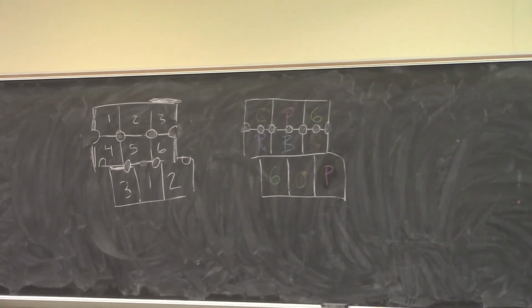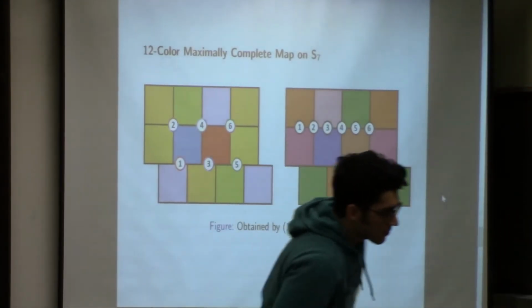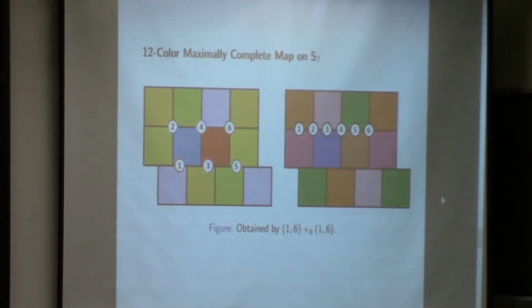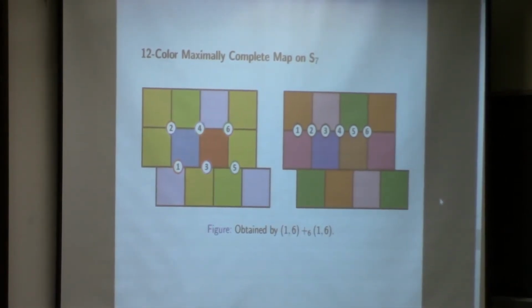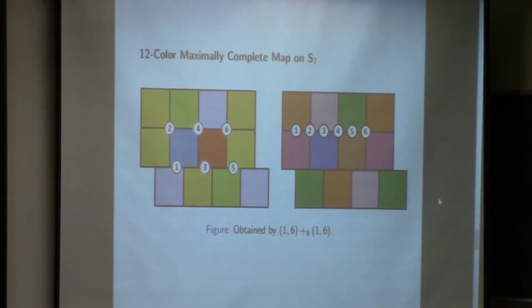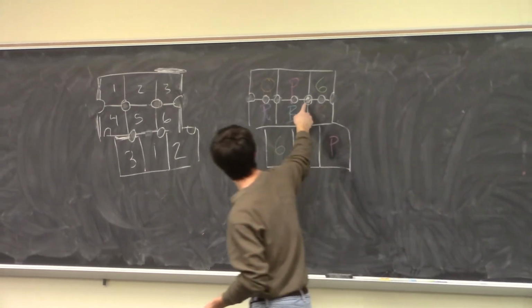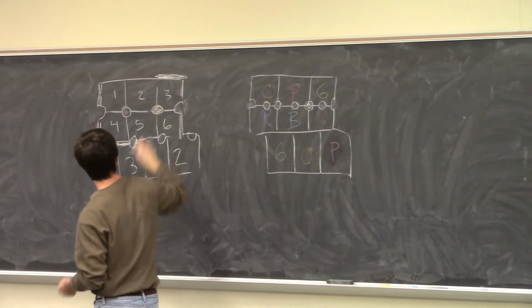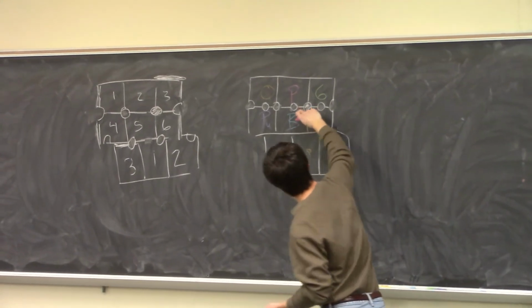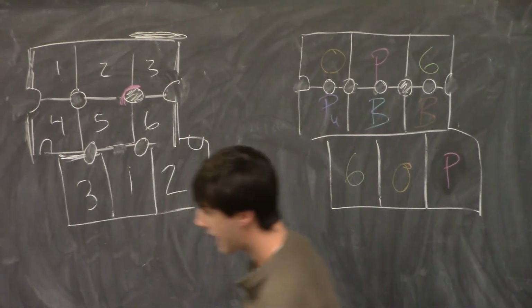Let me use one of these for a model. Brown, blue, green. So we're going to take this disk here, the boundary of this disk, and identify it with the boundary of this disk here, so that the pink region is now adjacent to regions 2, 3, and 5 on this map.